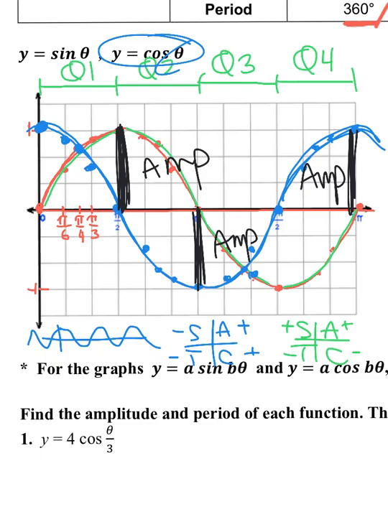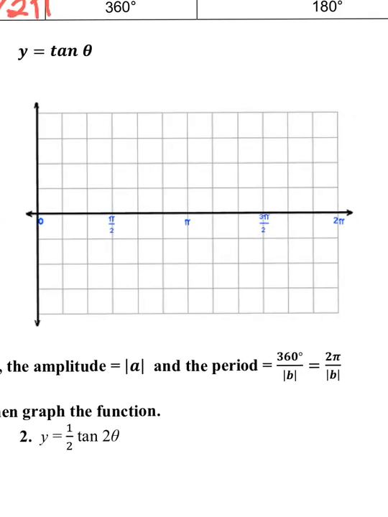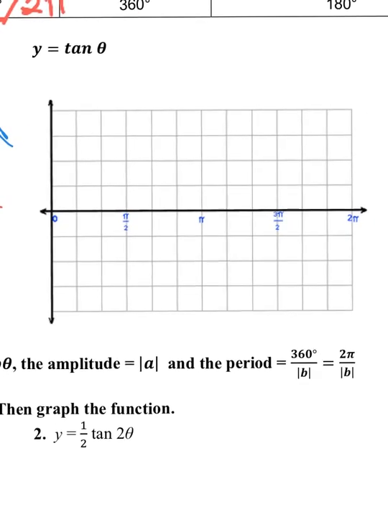Okay, let's go ahead and look at tangent. So for tangent, it's a little bit different. Again, if you look into your unit circle, you don't actually have the coordinates for tangent there. If you remember, tangent is going to be sine over cosine. And I think you guys learned that already. And if you didn't know that, well, now you know.